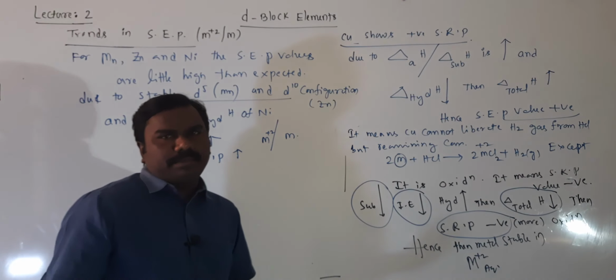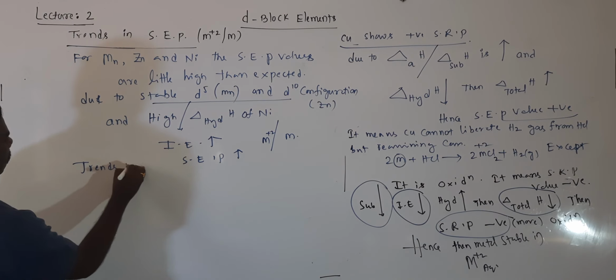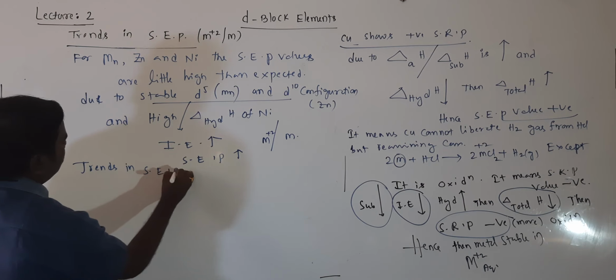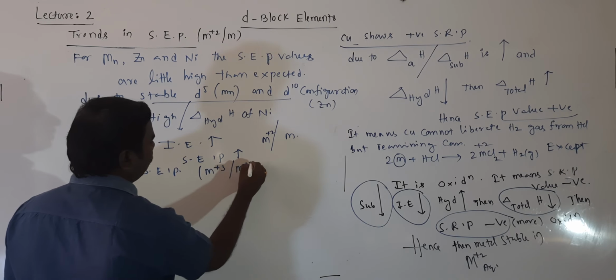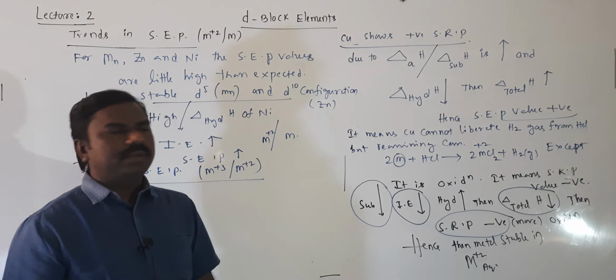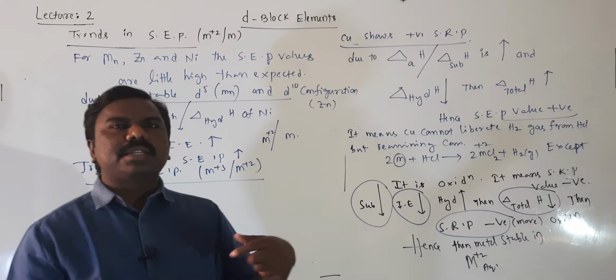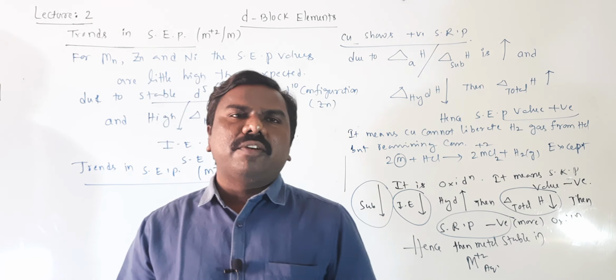Trends in standard electrode potentials when M plus 3 is converted into M plus 2. It means manganese plus 3 to manganese plus 2, chromium plus 3 to chromium plus 2, Fe plus 3 to Fe plus 2.